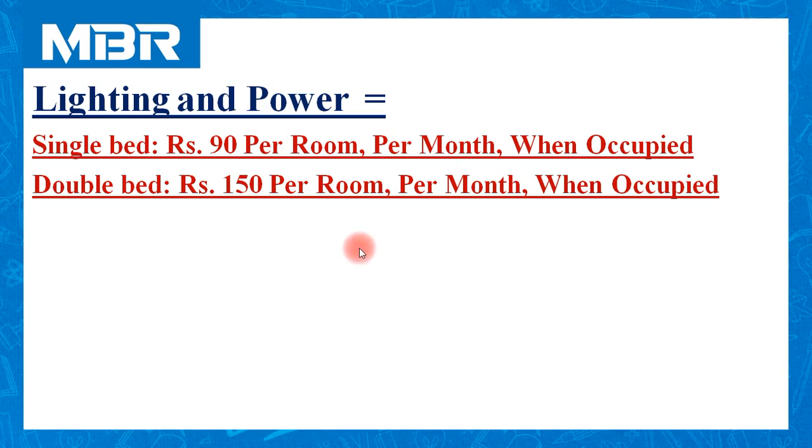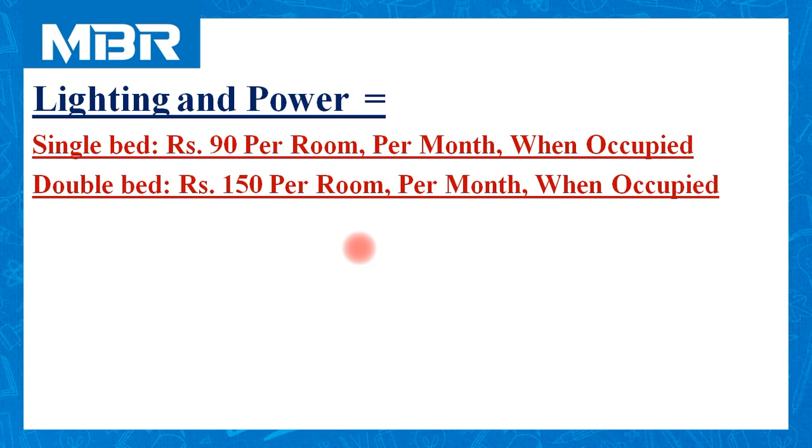To clear your doubt, I would like to explain this thing with a simple understanding. We are in need of lighting and power for the purpose of general lighting or illumination or running air conditioning, air cooler, etc. only when the rooms are occupied. Even this thing is applicable to our home.